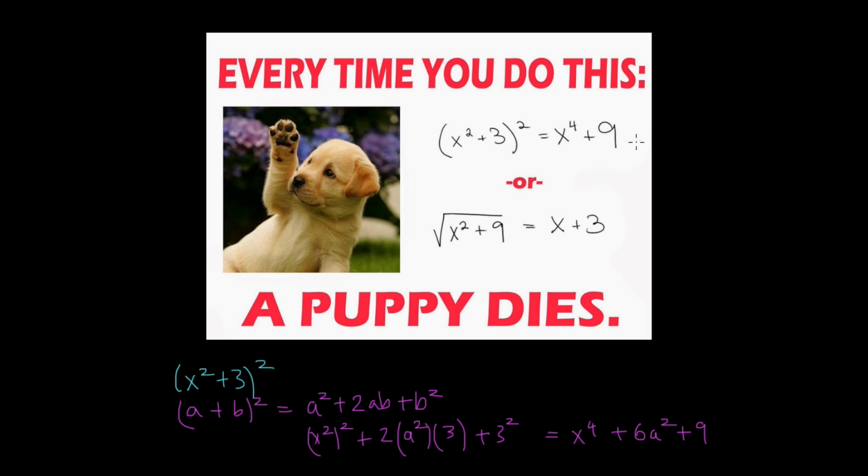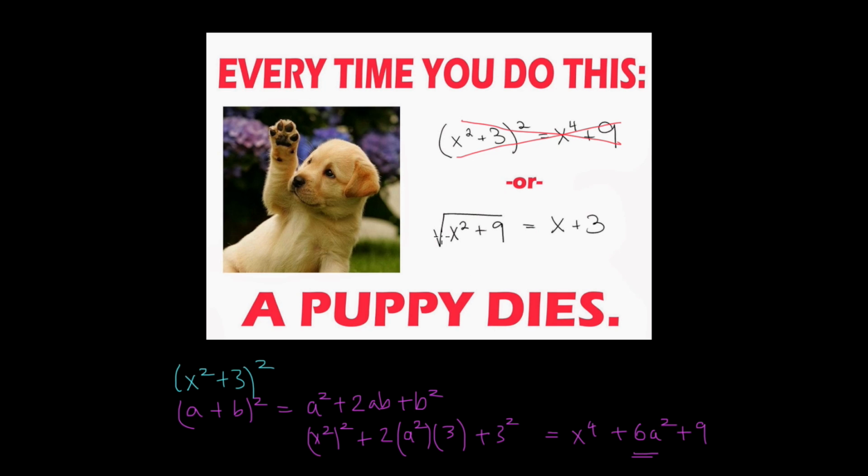Here you can see that what they've gotten is x to the fourth plus 9. So they're actually missing this middle term. If you just distribute the squares like this, you are going to get it wrong. So this is incorrect. You want to use the identity and get the entire expansion.